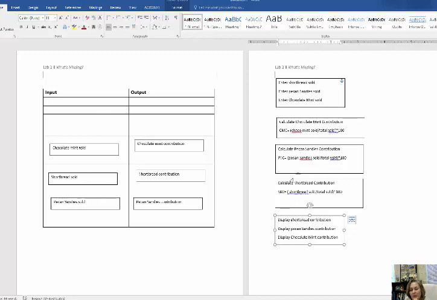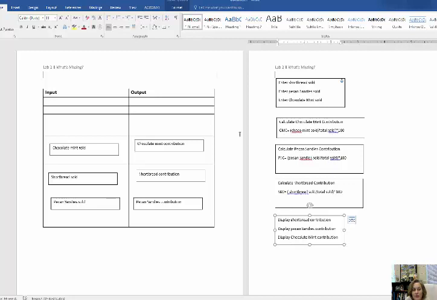Then I have abbreviations of the calculations for each of the contribution amounts. So we can determine chocolate mint contribution, pecan sandies contribution, shortbread contribution, and we have those as outputs. So that matches up. And it matches up with what's displayed.